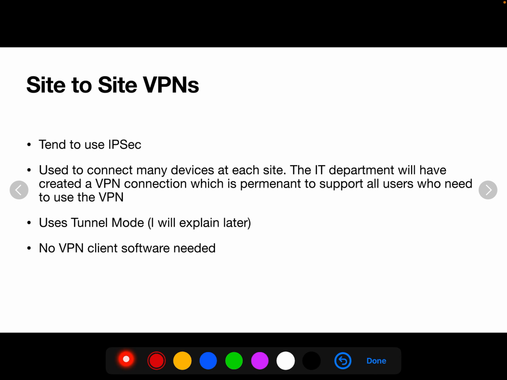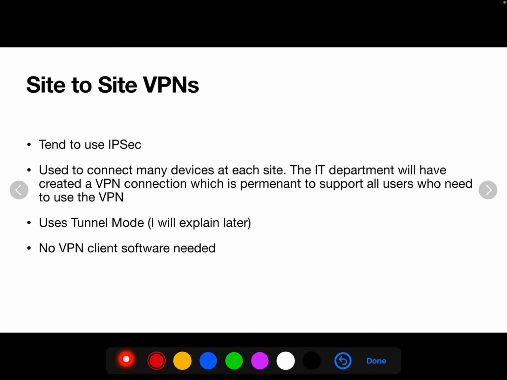So you can imagine a school, they'll have hundreds of PCs that need to connect to the internet, and then tablets, MacBooks. So there are many devices, and a site-to-site VPN can support many devices at each site.